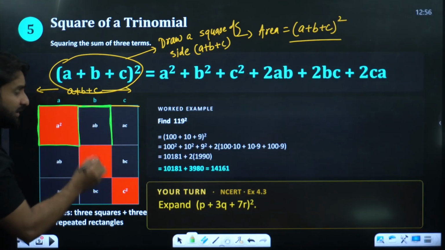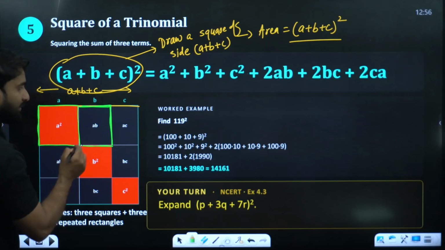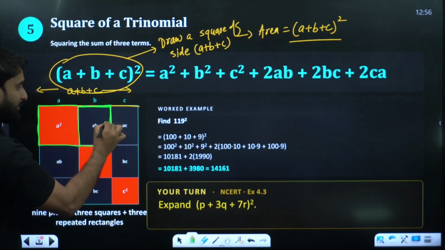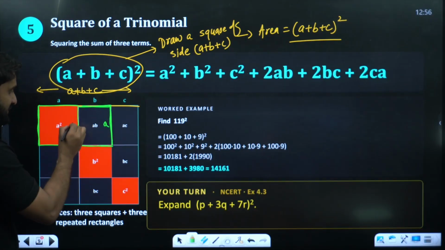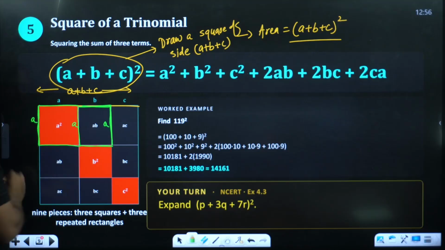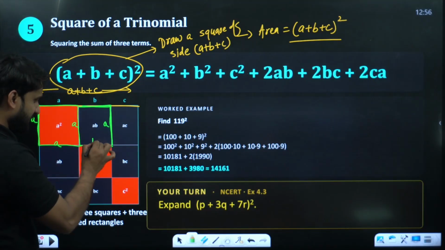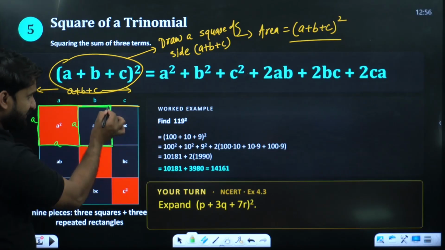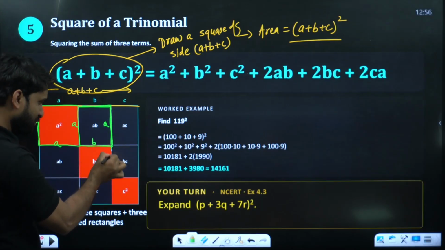Both are not equal, so this is a rectangle of side b and a. So the area will be ab. This is a here, this is a here, and this is also a. Similarly, my dear, if this is b and this is a, so it has to be b.